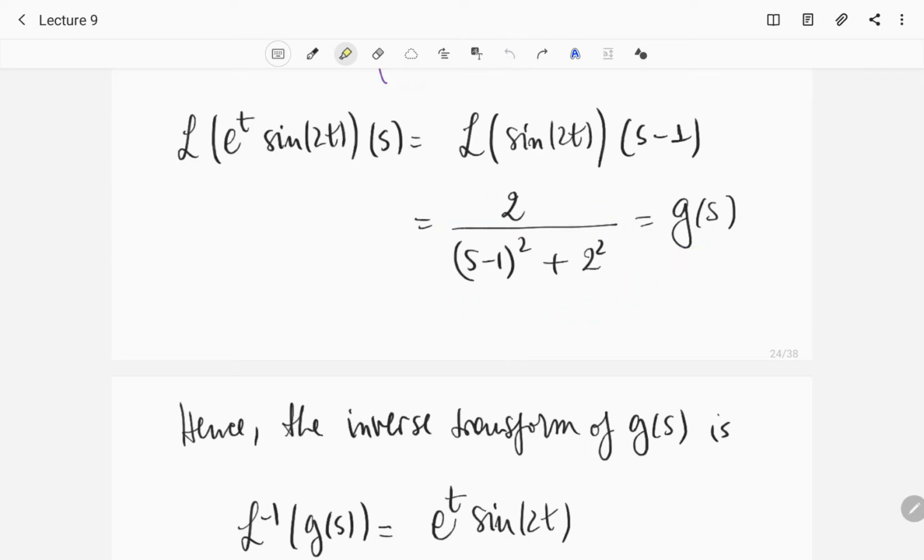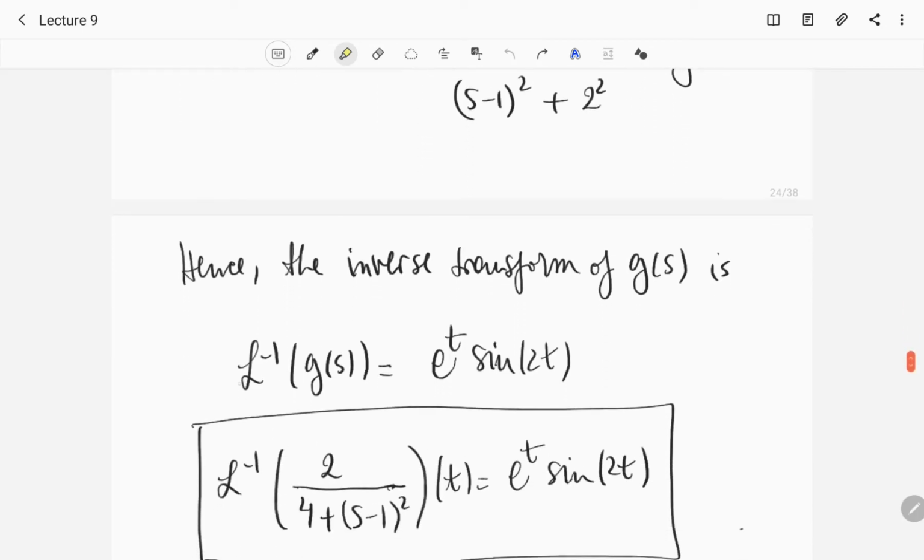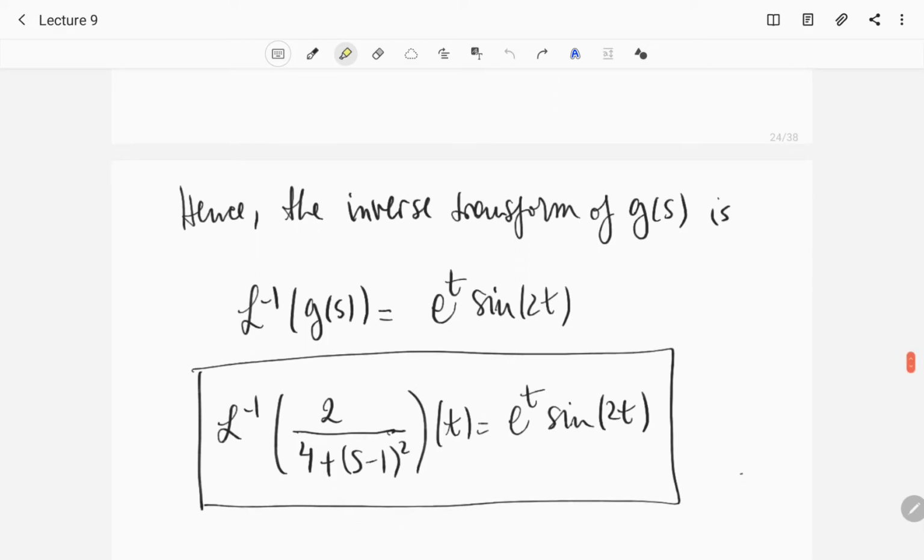So a function is called the inverse Laplace transform of g if when I Laplace transform such a function, I get g. So we can say that the inverse Laplace transform of g is exponential to the power t times sine of 2t. And that's what we have here.